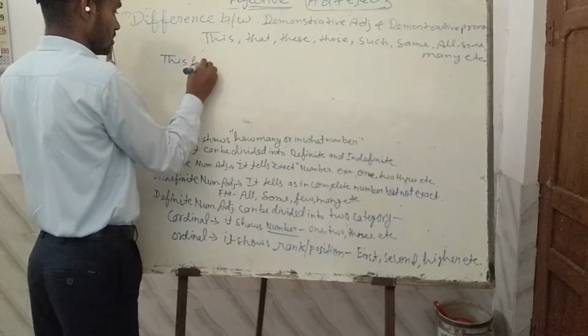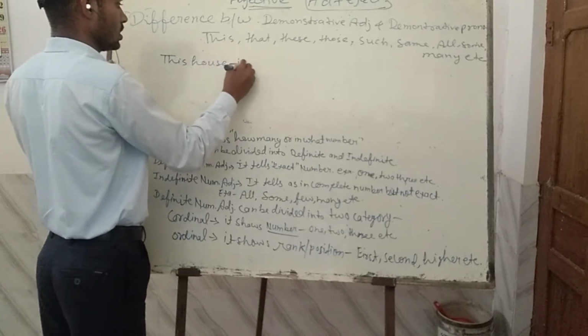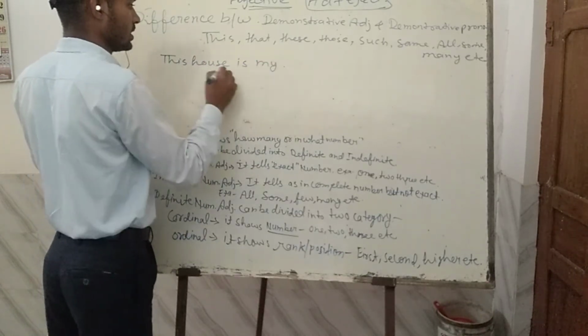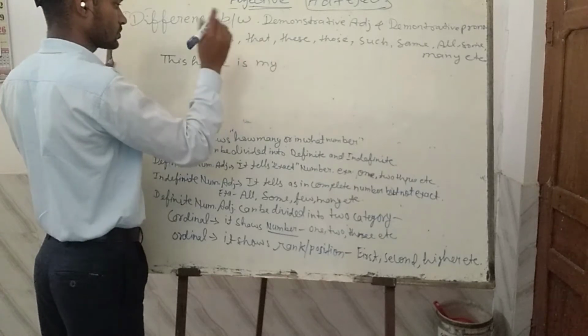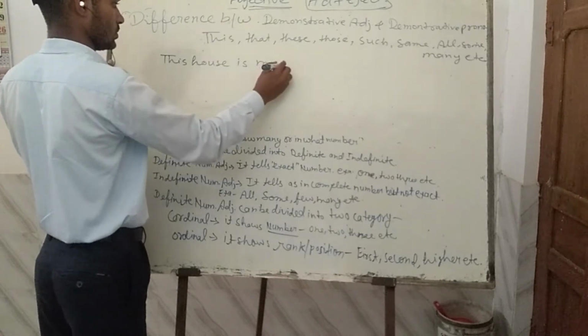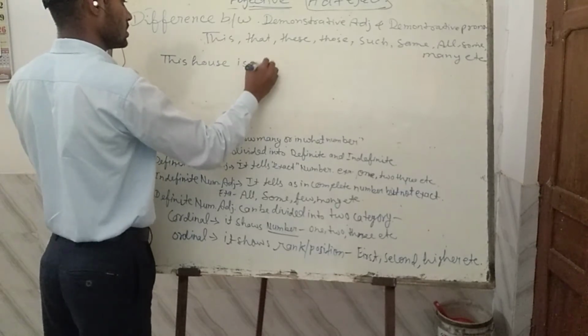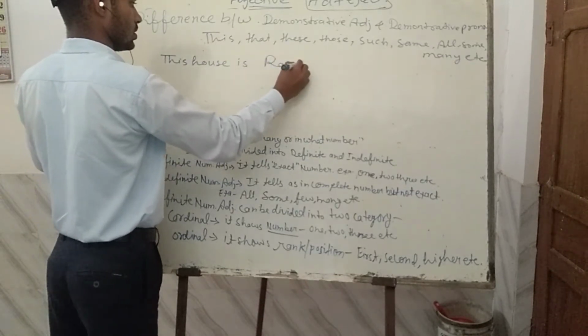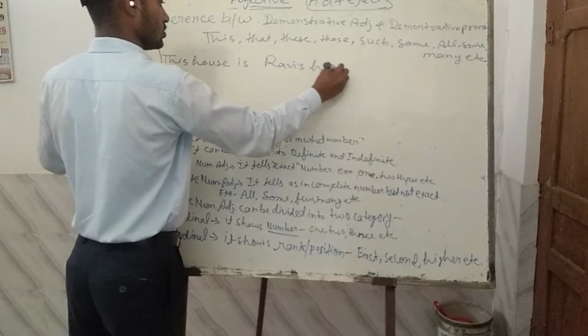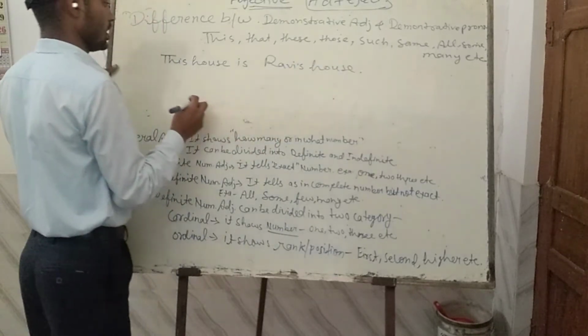This house is Ravi's house. You can say this.